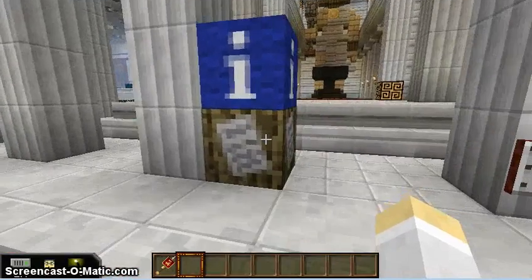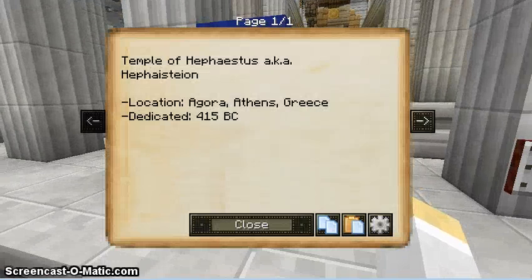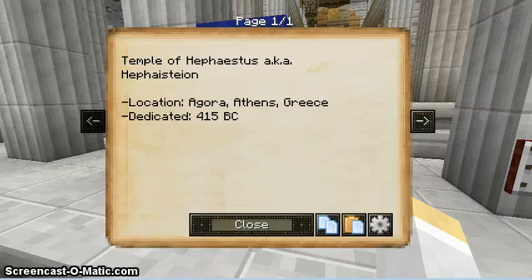Just real quick, a little information block. It mentions the location, the dedication, and the date. What Nick found was that he originally wanted to put that the temple was built in 415 BC, thinking that would be simpler, because actually it's not really sure when this thing was built.